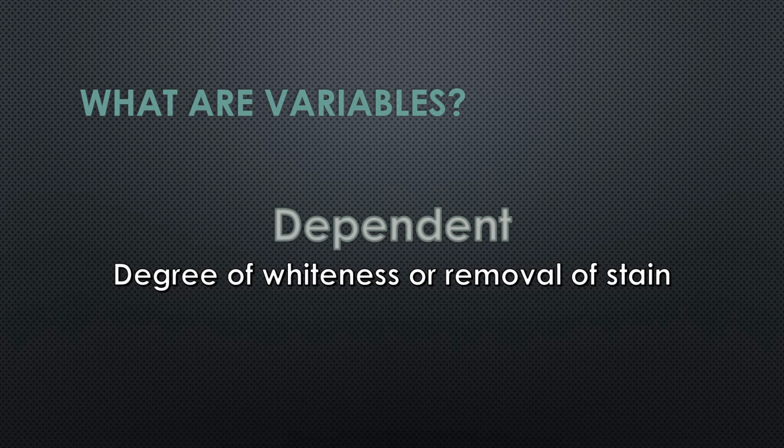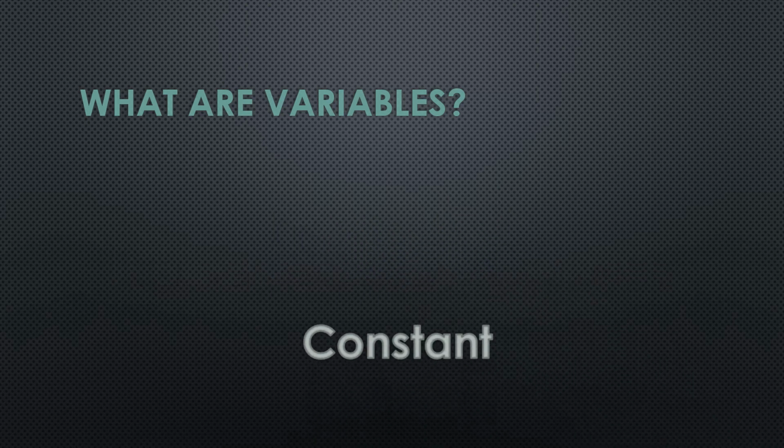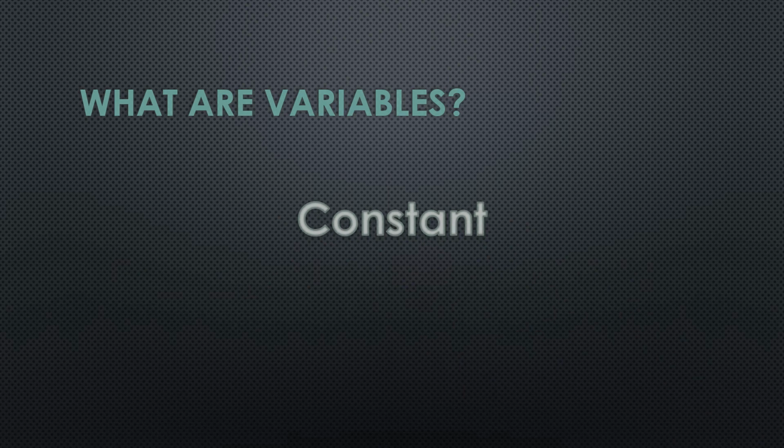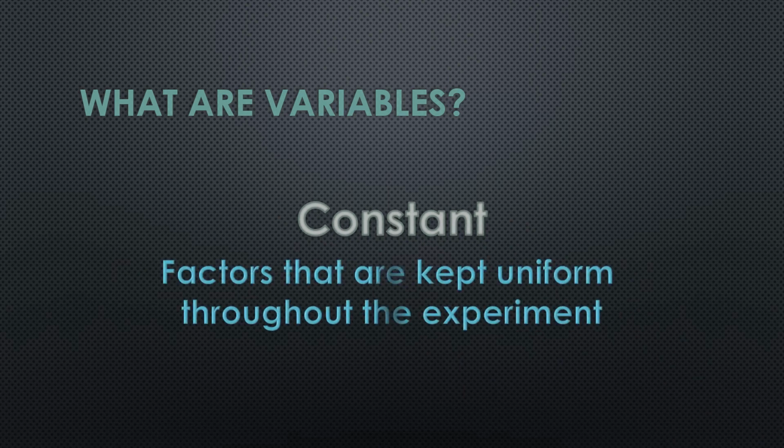The third type of variable is the constant or control variables. These are factors that are kept uniform throughout the experiment. What are the constant variables in our experiment?